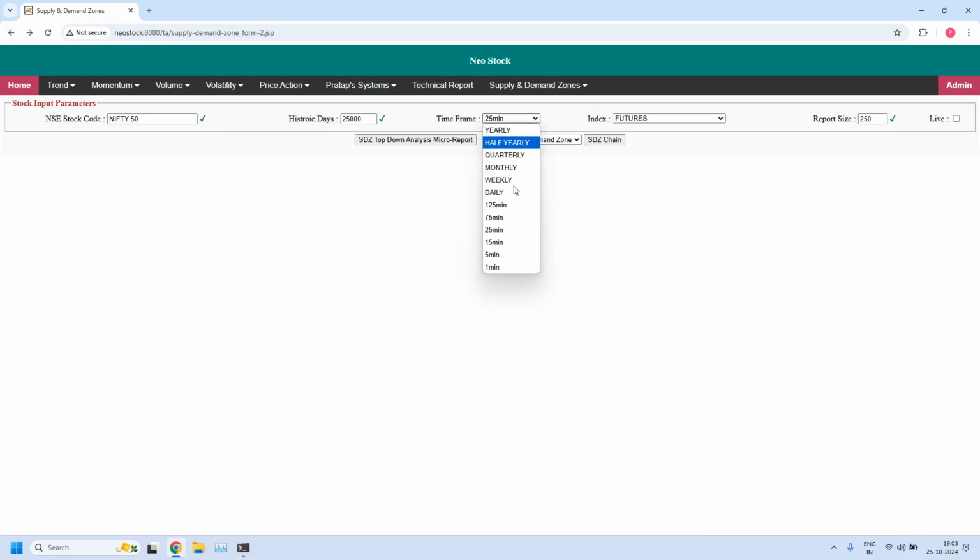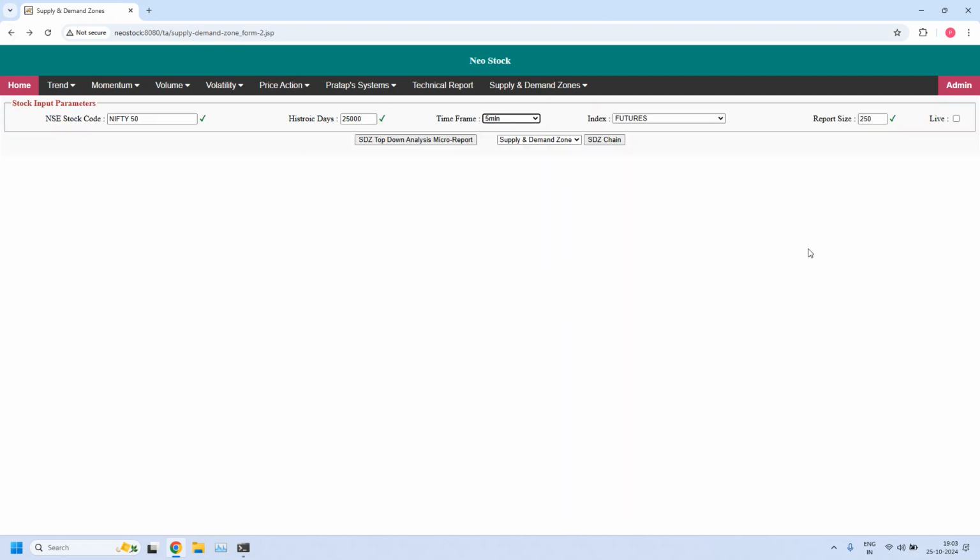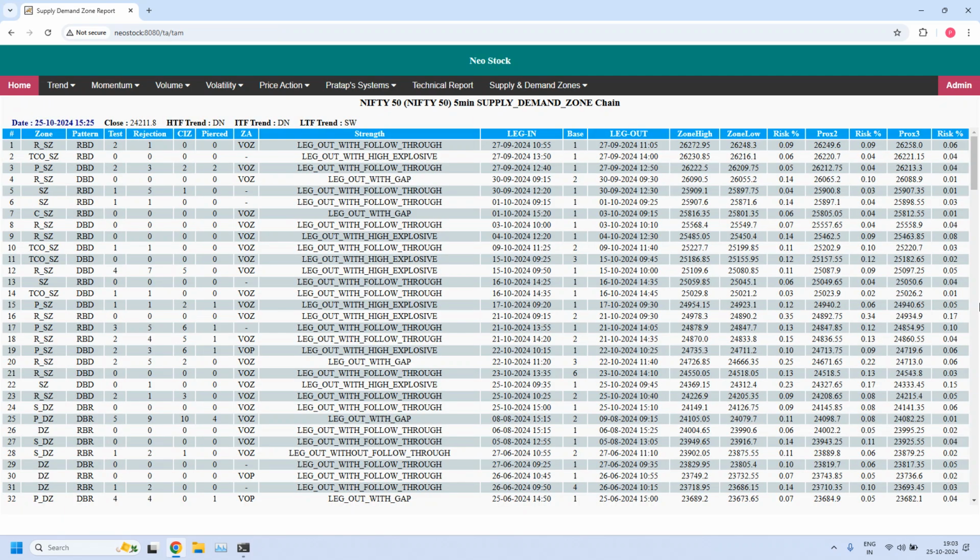Next time frame is 15 minutes, generating 15 minutes supply demand zone chain for Nifty. And the last time frame is 5 minutes, generating 5 minutes supply demand zone chain for Nifty. So with this we have completed Nifty supply demand zone chain.